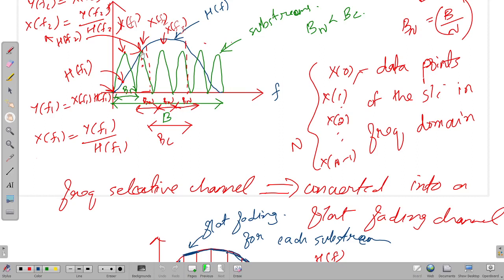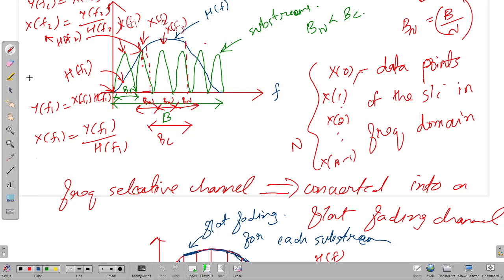You can see that the whole bandwidth of the signal is divided into small substreams, and these substreams are orthogonal to each other. That is where you can see how the bandwidth is divided among different small substreams.